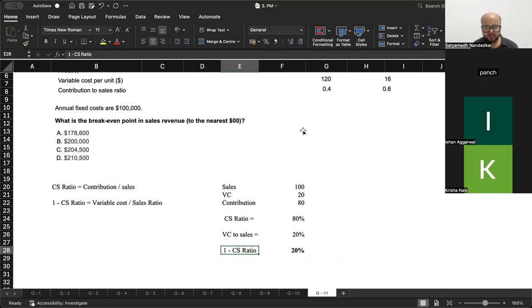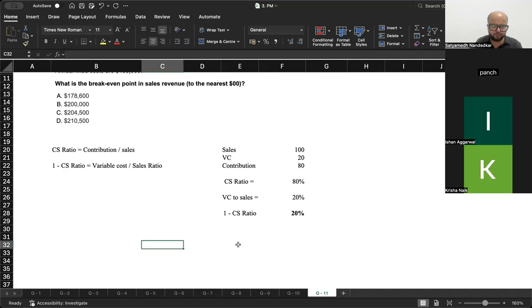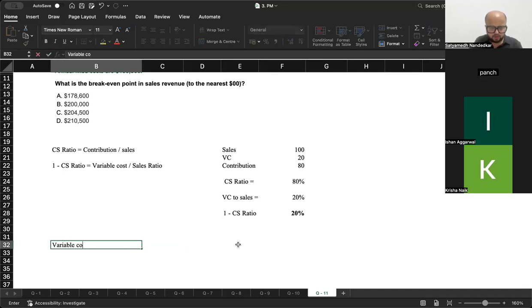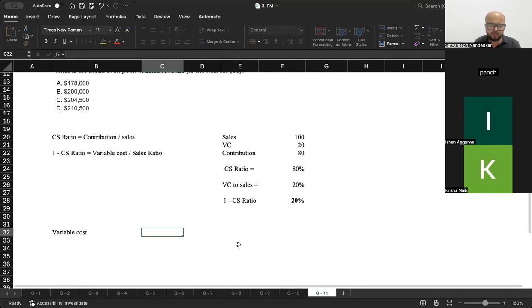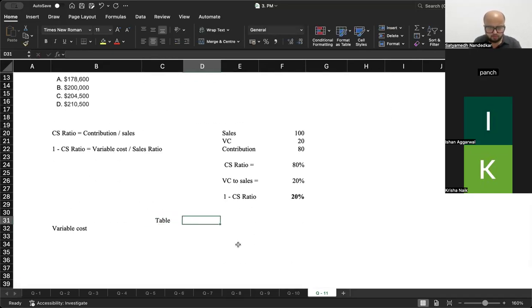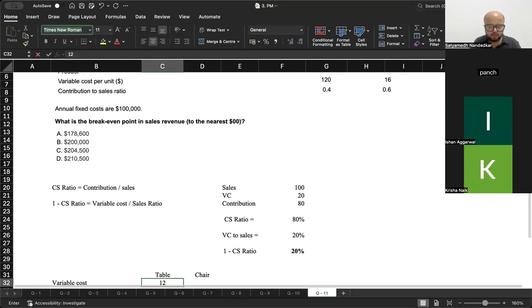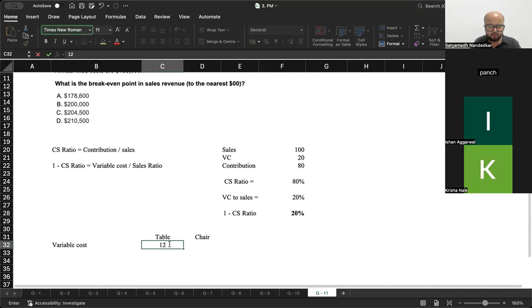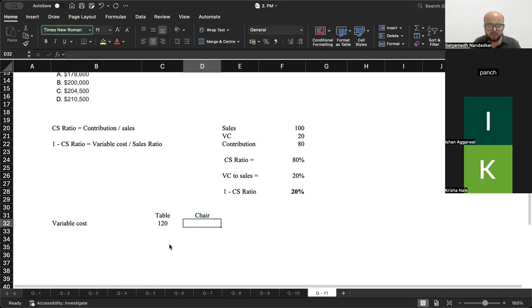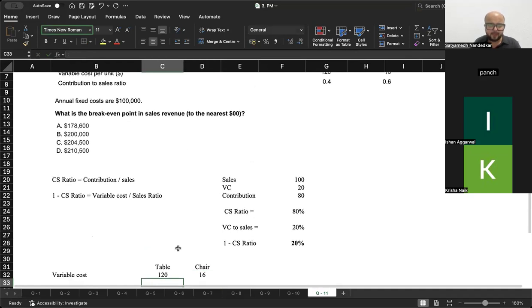Contribution to sales ratio is given. Variable cost for table and chair: how much is the variable cost per unit? 120 and 16.